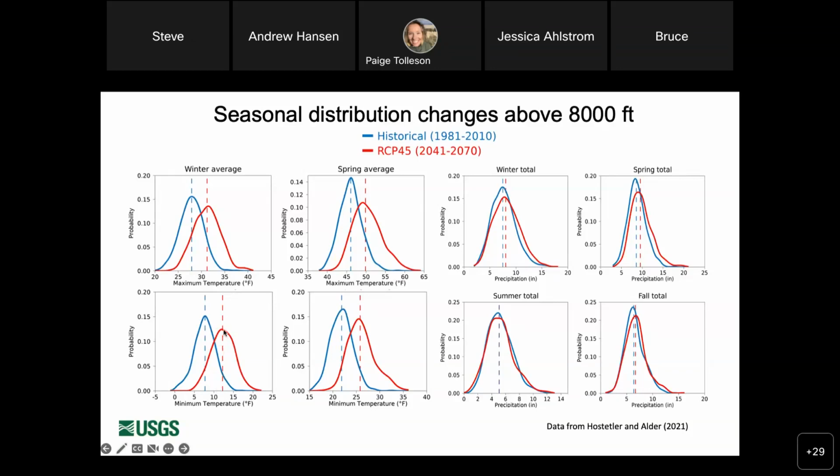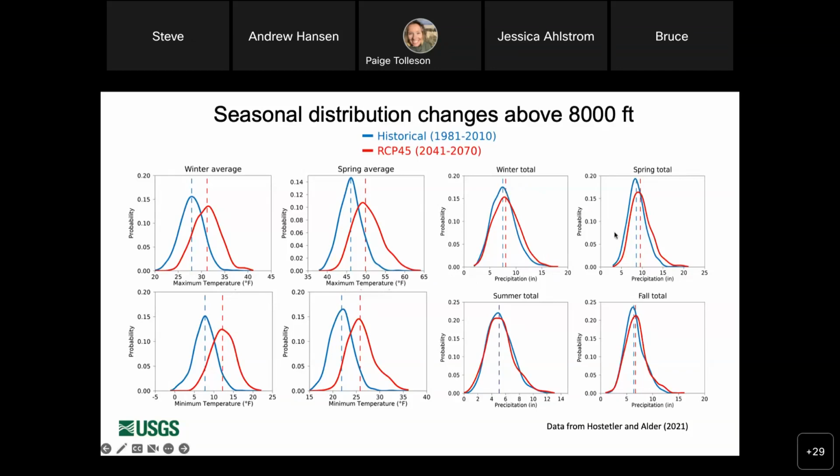Again, these illustrate how we're moving into new territory, or potentially could move into new territory. In terms of precipitation on the left, this is winter, spring, summer, and fall. There's not a lot of shift in precipitation. There's some spreading out of the distribution.